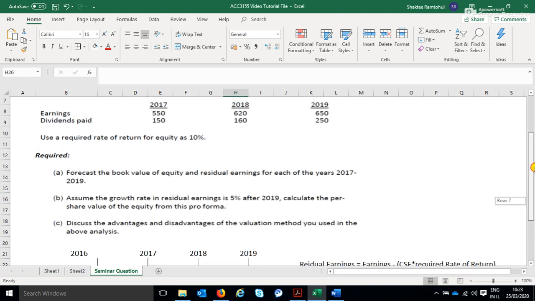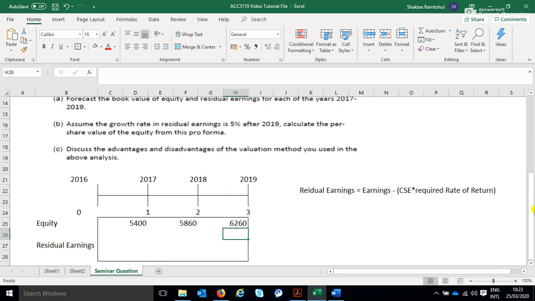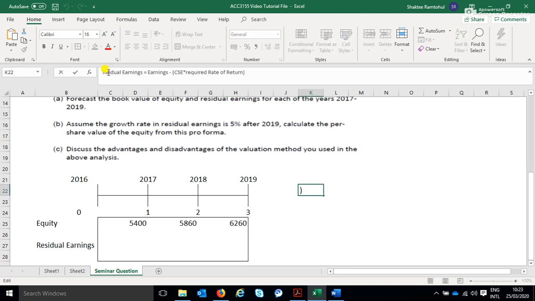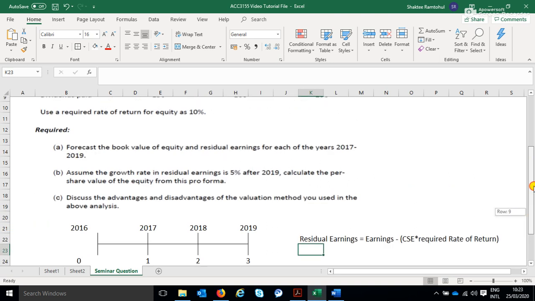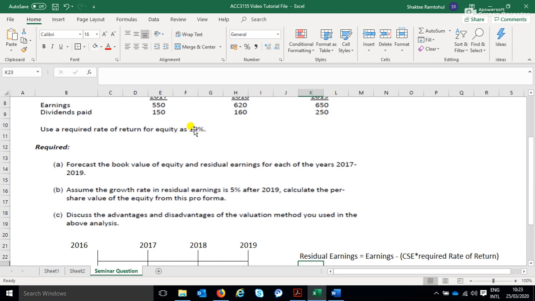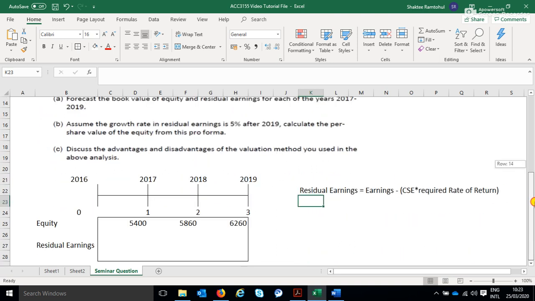Then we are also told in part A to calculate the residual earnings for each of the years 2017 to 2019. If you remember from lecture 1 and 2, residual earnings is your earnings figure minus CSE multiplied by the required rate of return. And we know the required rate of return is 10%. How do we work out the residual earnings for 2017?